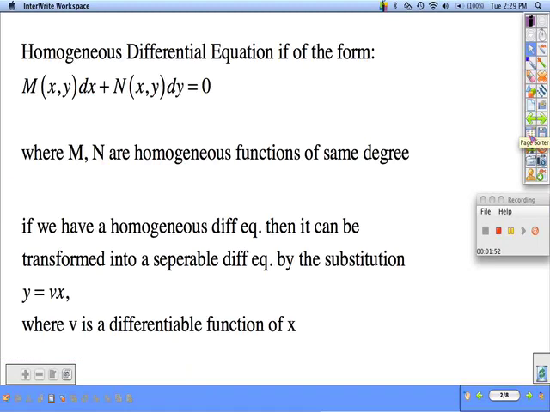And if we have a homogeneous differential equation, we can do a substitution that will turn it into something that is separable. So we're substituting y equals v times x. And by doing that, the equation will turn into a separable differential equation, which we've been working on.